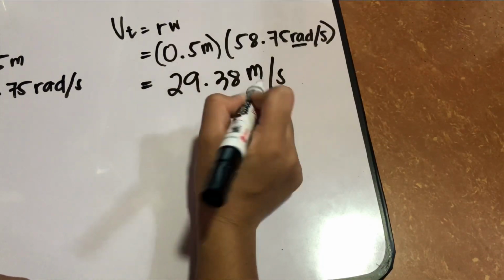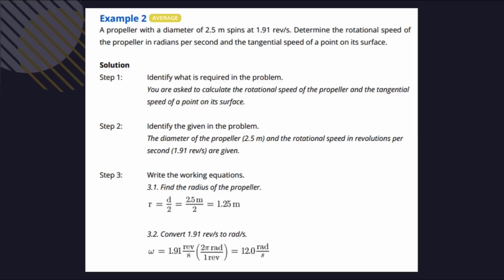So, for our next example: a propeller with a diameter of 2.5 meters spins at 1.91 revolutions per second. Determine the rotational speed of the propeller in radians per second and the tangential speed of a point on its surface.